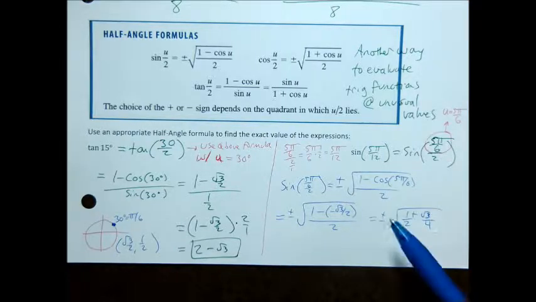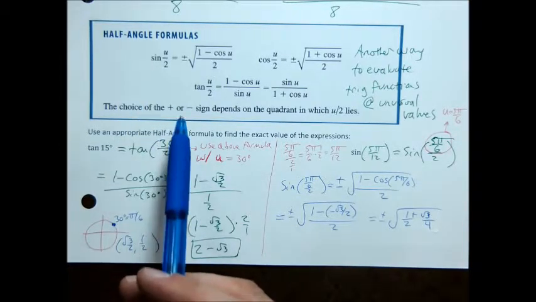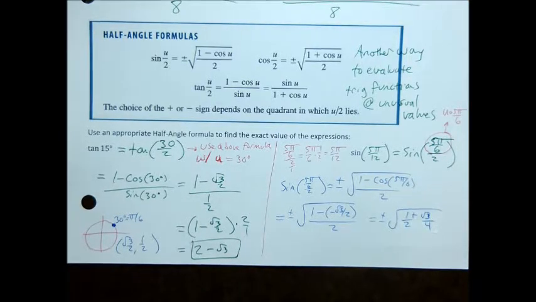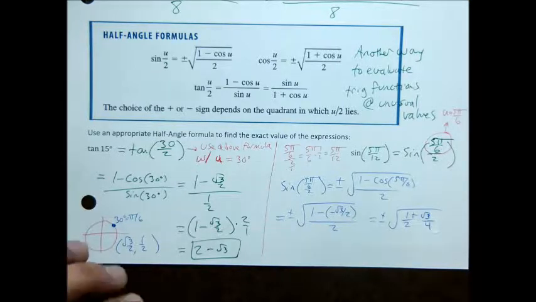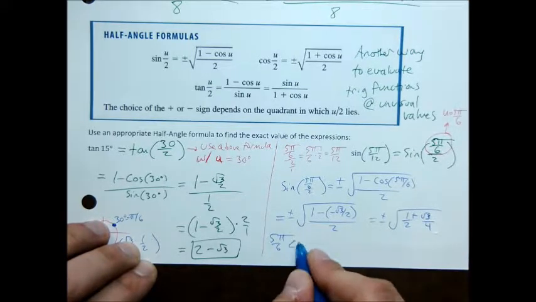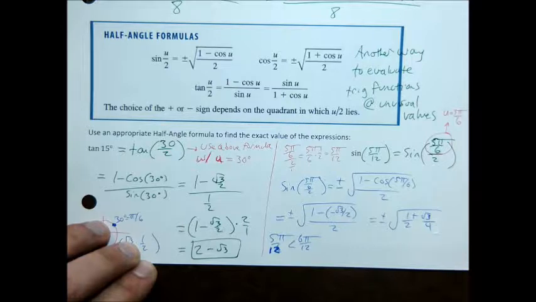Now we need to pick a plus or minus. We've got plus or minus going on here. And so you can see in the description of the box, it says the choice of plus or minus depends on the quadrant. That's always the case, right? We always choose plus or minus based on the quadrant. So what quadrant's 5 pi over 6 in? I mean 5 pi over 12, I'm sorry. That one's more difficult. So 5 pi over 12, I meant, is less than 6 pi over 12, which is pi over 2.